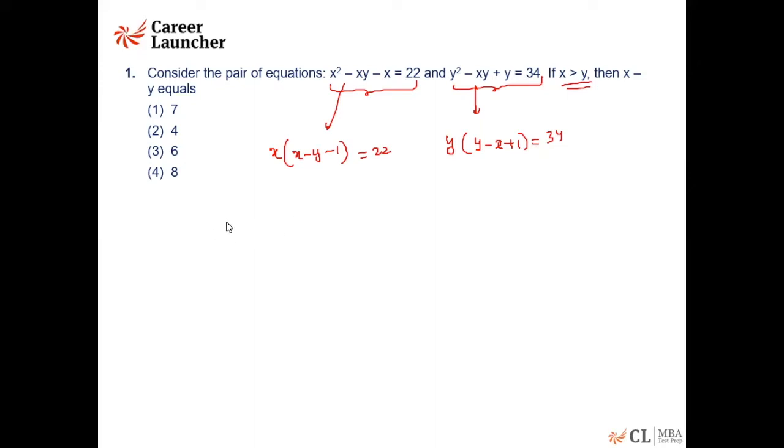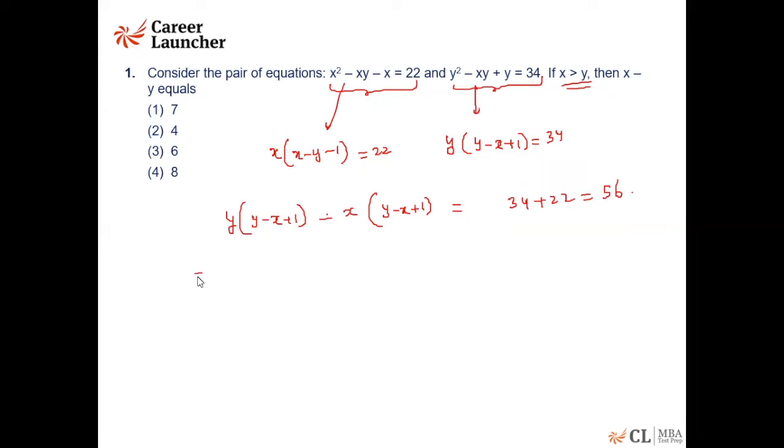So if I subtract these two now, I'll find that this expression can be written as y into (y minus x plus 1) minus x into (y minus x plus 1). This is equal to 34 plus 22, that is equal to 56.